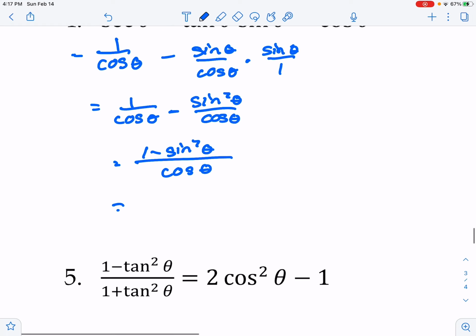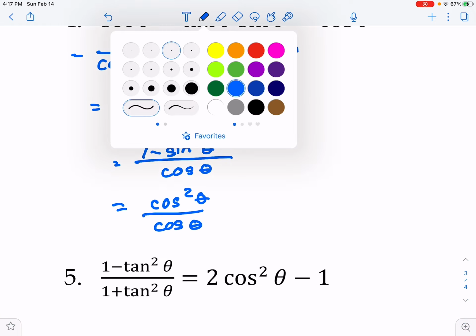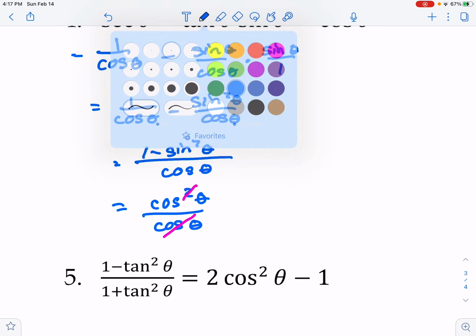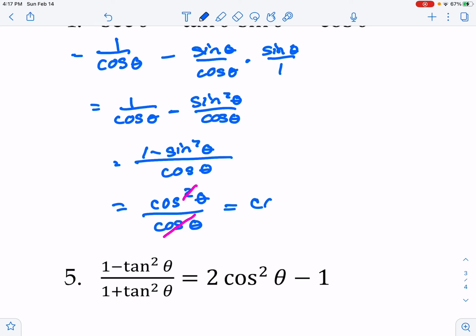Now I've got the cosine squared over cosine. I can simplify. One of those goes with one of those, and I'm left with just the cosine on top. And that's what I needed.